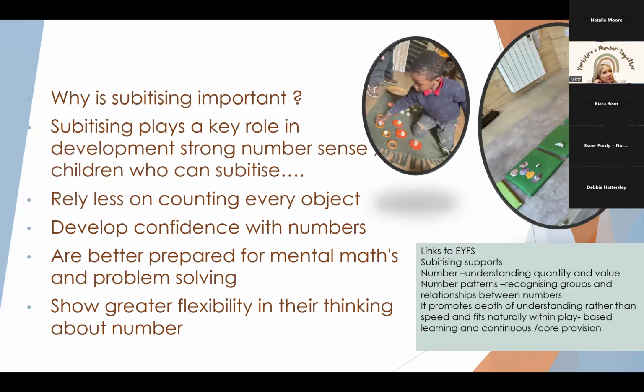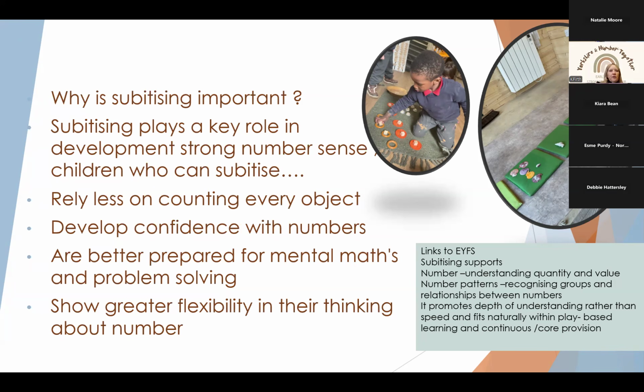So why is subitising important? Subitising can play a key role in the development of strong number sense with children. If they can subitise, they rely less on counting. Some children struggle with the verbal speech or are a little embarrassed. Everybody's different. Every child, yourself, everybody's different.